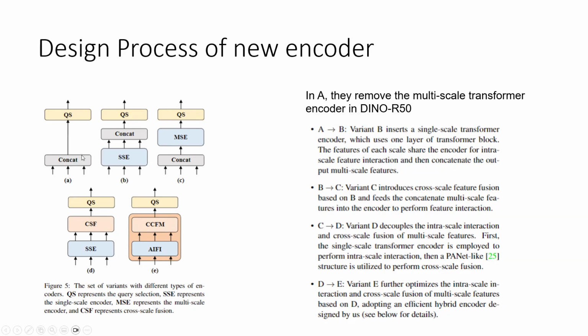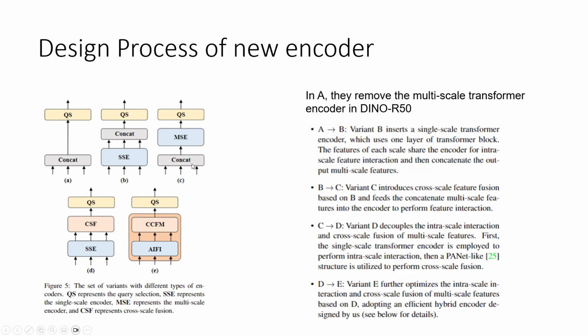This is the first design choice. For the next design choice, they took a single-scale encoder, which takes the features from the backbone, then concatenates them and does the query selection.